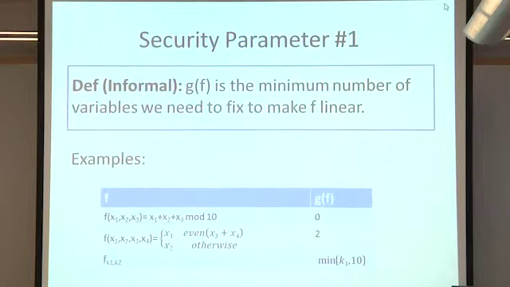So in particular, we can make the function linear by fixing the first two input variables. And then once we fix those variables, then we've already fixed the index in the table, and the resulting sum is linear. Or we can make the function linear by just fixing every image in the lookup table, and then we get a linear function as a result.